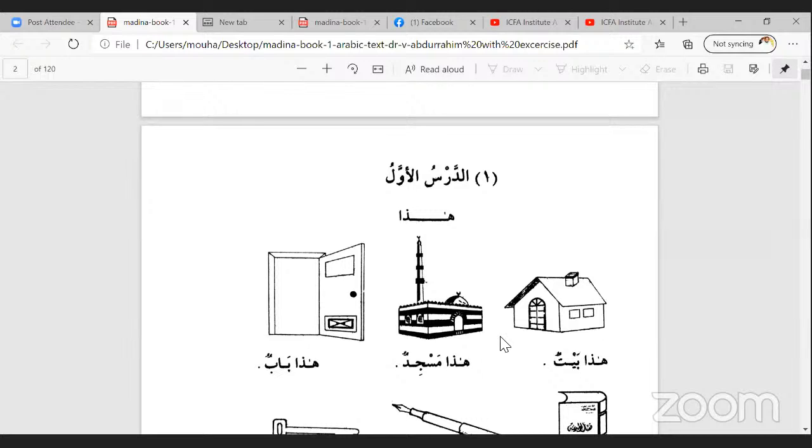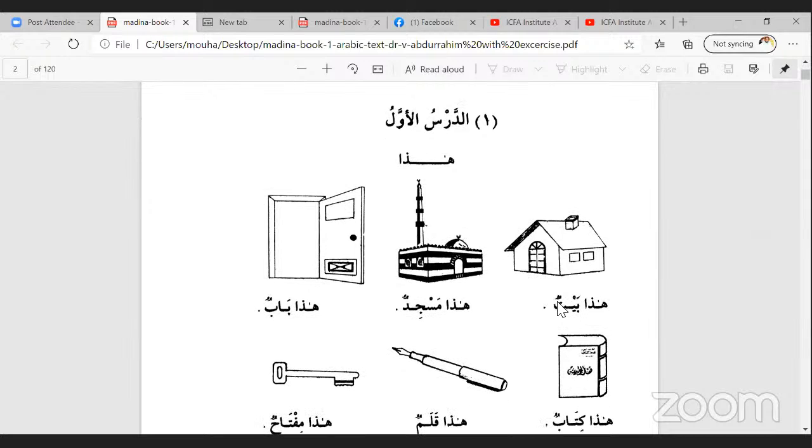Hadha is used for masculine that is near, to point to someone or something that is near, and he or it is masculine. هذا.